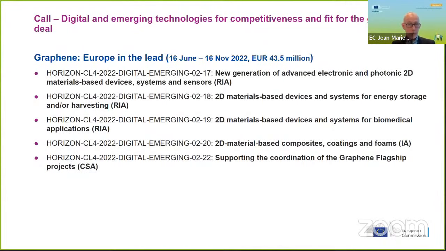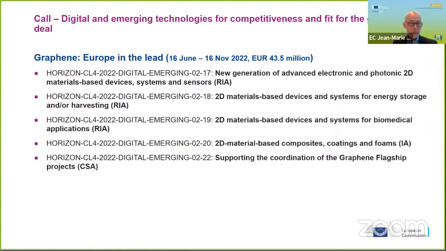Now the call for the 5 topics will open on the 16th of June next year and will close on 16th November next year. The overall budget is 43.5 million euro. And as I said, they will continue the Graphene flagship in certain application areas. So the first one is on photonics and electronic device and systems.